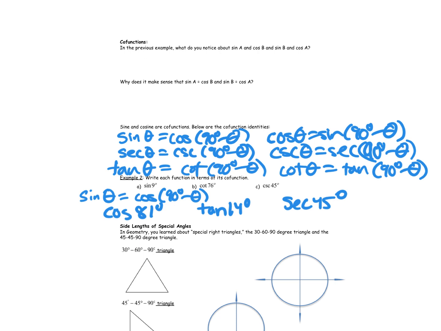Okay, speaking of right triangles, let's also do a throwback to geometry when we talk about our special right triangles. These are the 30, 60, 90 and 45, 45, 90 triangles. I'm going to talk about it a couple ways. When we talk about what we're going to do today, I'm going to give you a couple of methods to think about it.